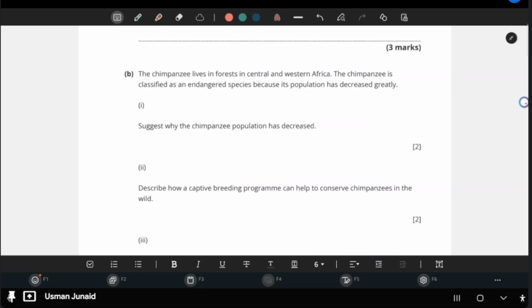What can a reason be regarding some species becoming endangered or becoming extinct? What reasons can there be? You can give wrong answers.